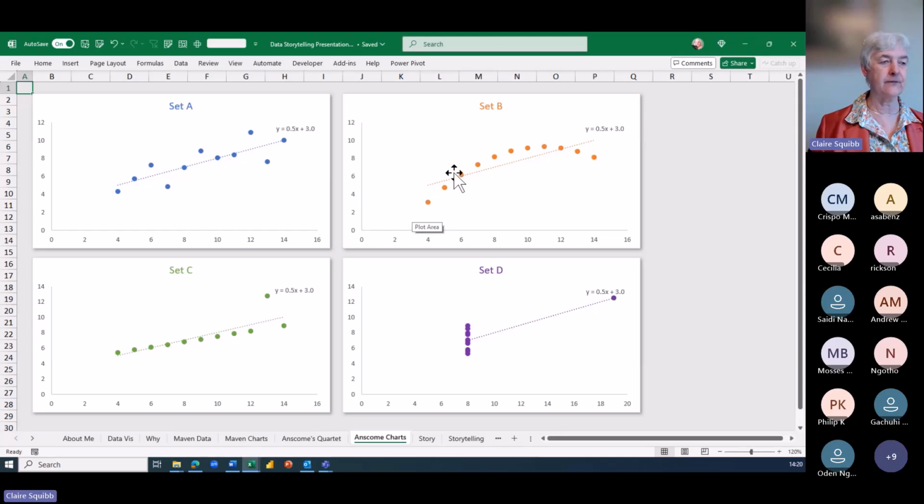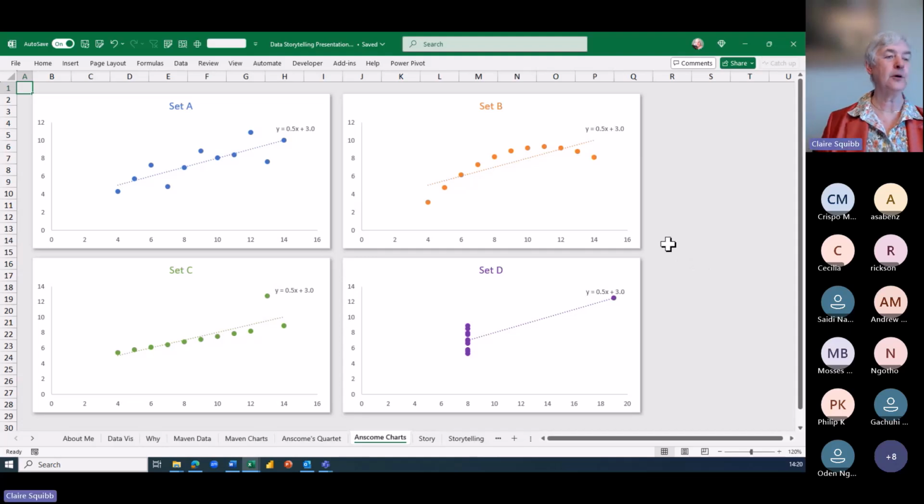Set B has a very smooth curve up and round. Set C actually appears to be trending upwards rather less, but there's one outlier. And set D, everything is exactly the same except for one outlier. So all of the actual statistical information is the same, but the charts again are very, very different.